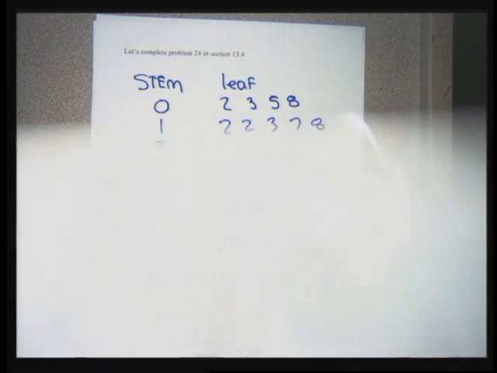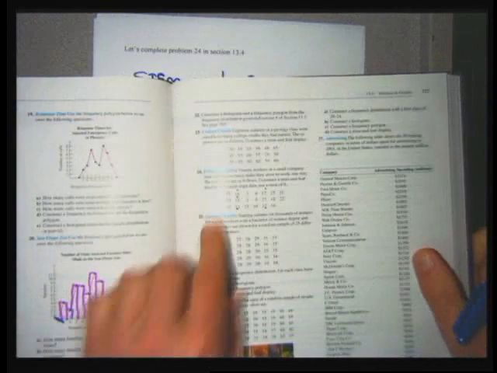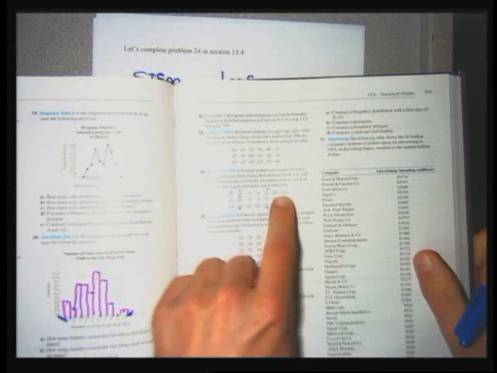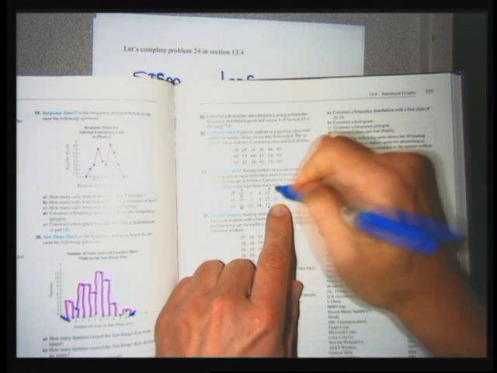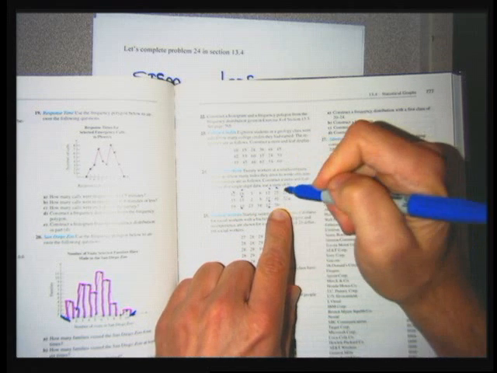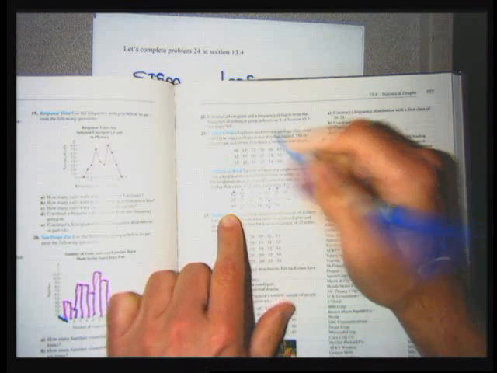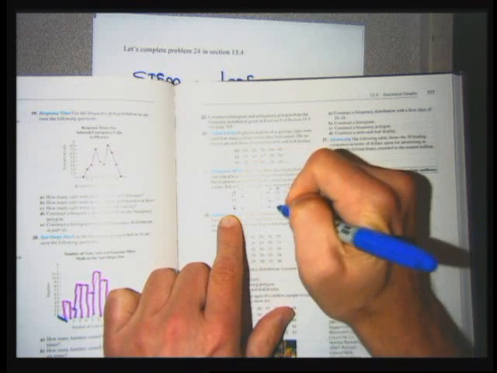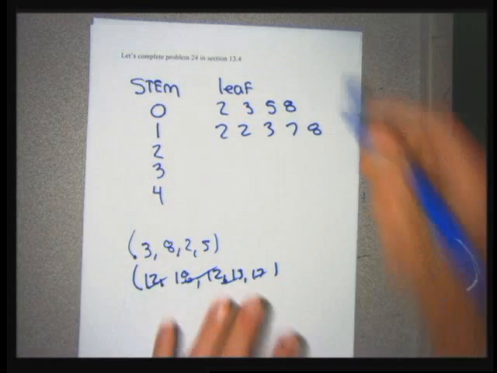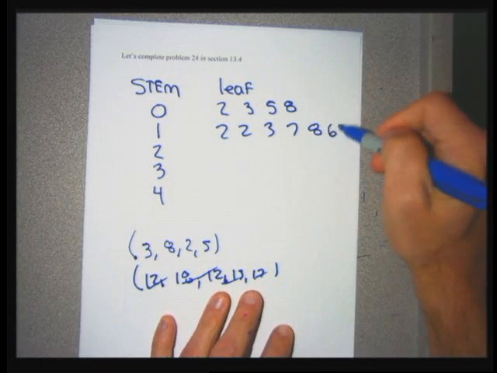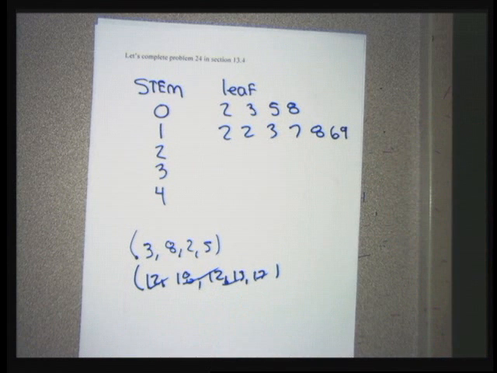I'll look through my data for all the 20 miles, and I see 25, 21, 22, 27. Oh, I missed 16 for the last one, and I missed 19. Let me add the 16 and 19 to my leaves. A cheat here: you don't have to have your leaves in order. I prefer them in order, but since I messed up and I didn't want to scratch it out, I just put the 6 and the 9 after.